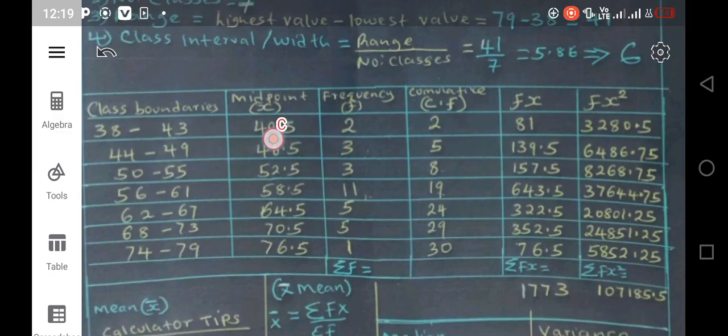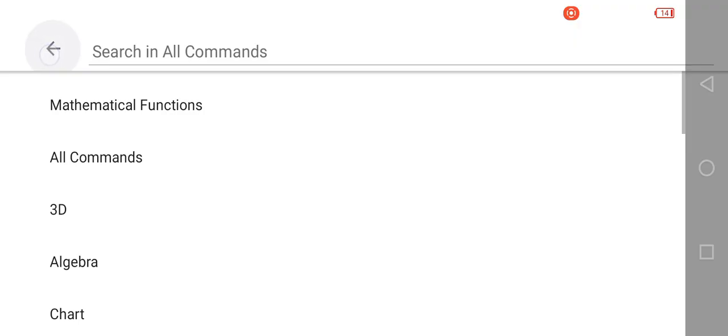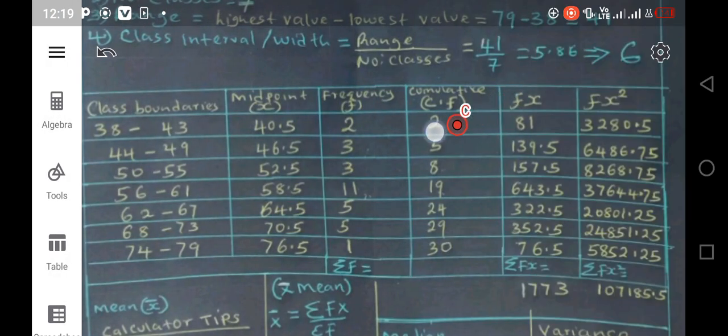For example, 40.5 times 2, you get 81. 46.5 times 3, you get 139.5. 52.5 times 3, you get 157.5. So whenever you multiply that frequency and midpoint, you are going to get this particular data.